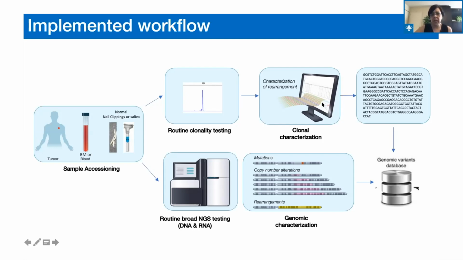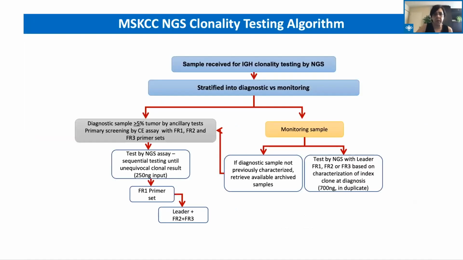This clonal sequence gets saved in a database, along with all of the mutations that we got from the genomic characterization with both DNA and RNA, for fusions and for copy number alterations, where we wait until we get the second sample for monitoring.